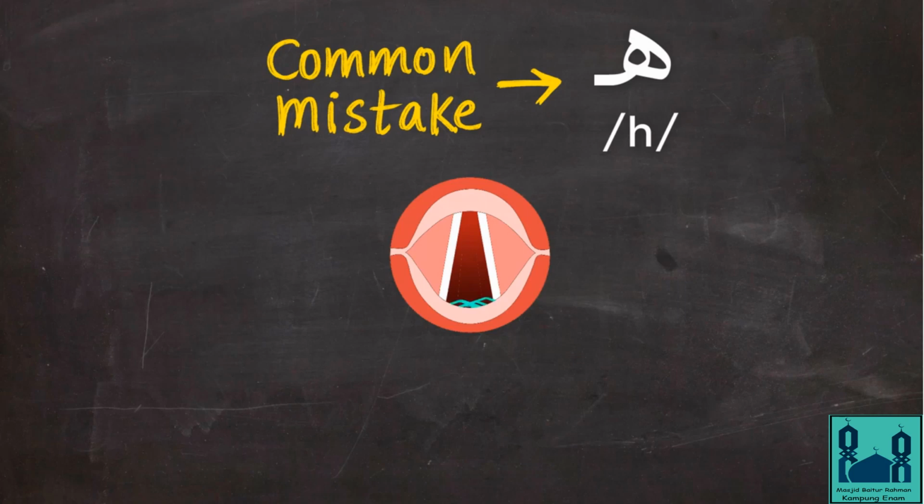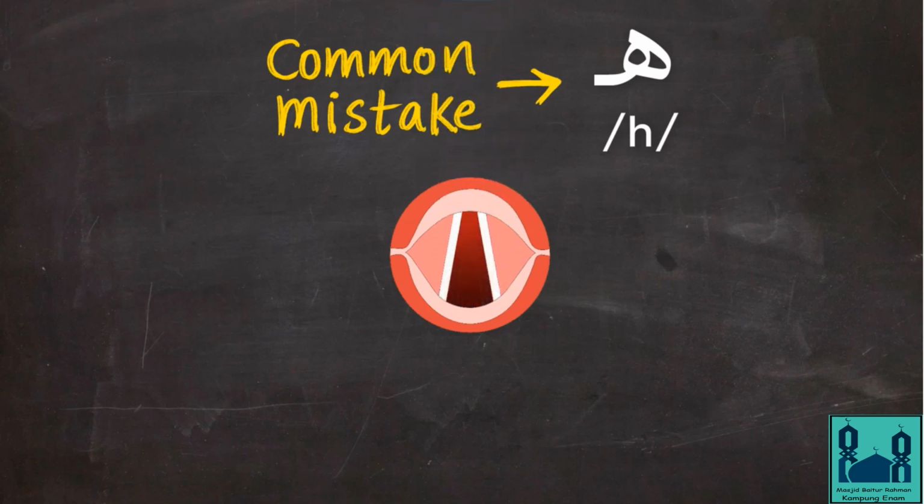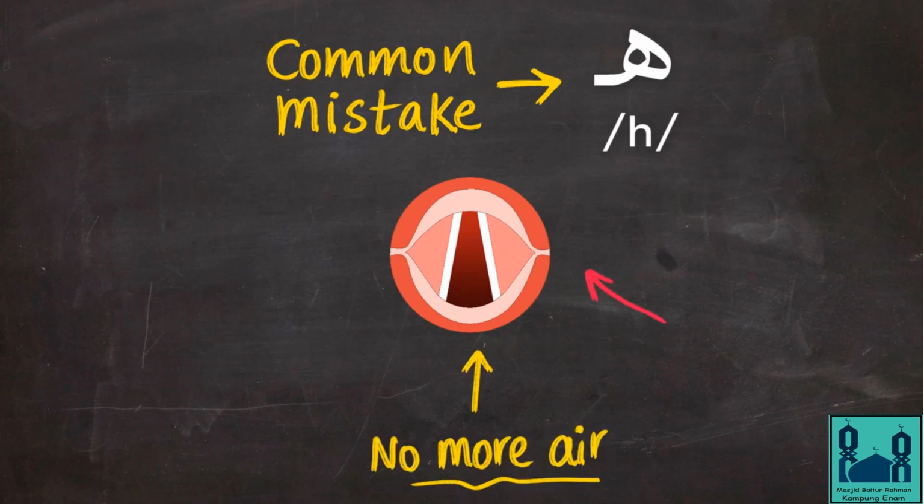As a result, you will find yourself having to push more air out to force the friction to happen through the wider open, and this in turn forces you to empty your lung of air so that you can produce the sound. And eventually the sound of ha will still be very weak.